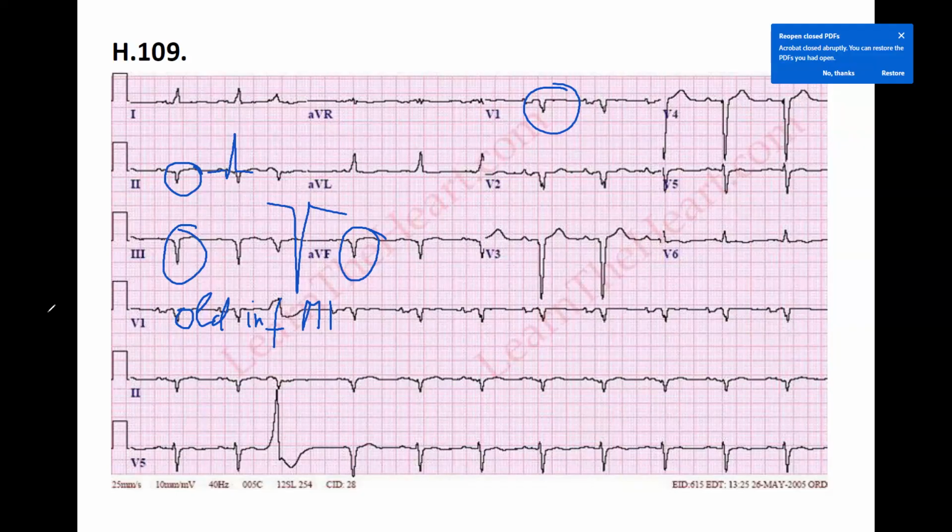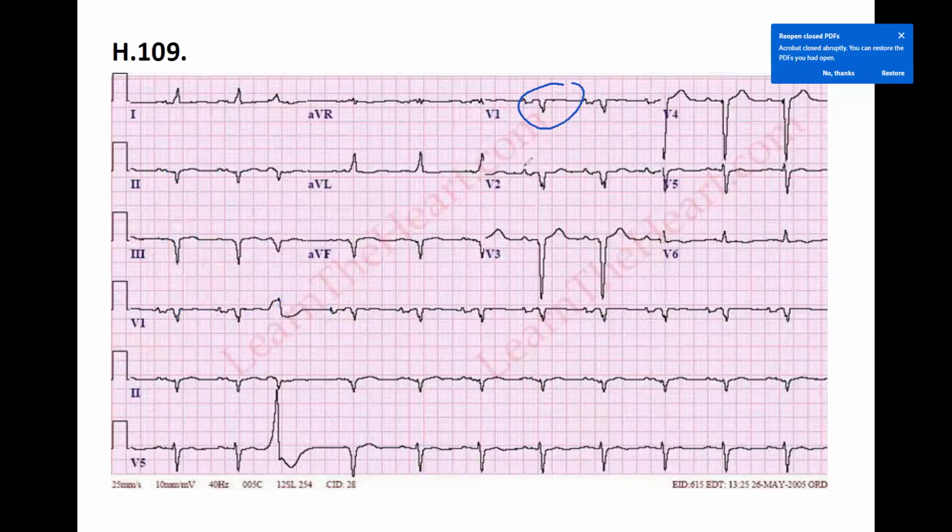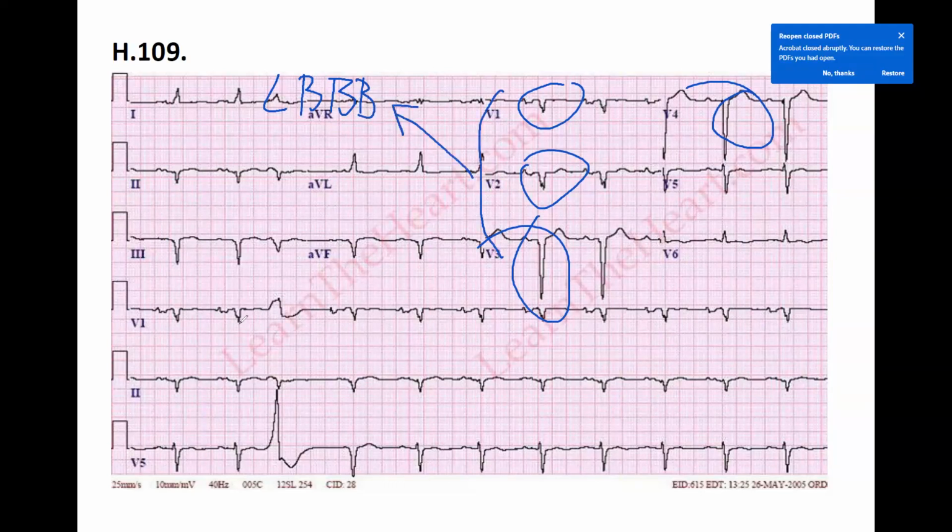Now, you do see pathological Q waves in V1, V2, V3, V4. However, when you have a left bundle branch block, normally you can see QS complexes on the right side. So that can be due to left bundle branch block.